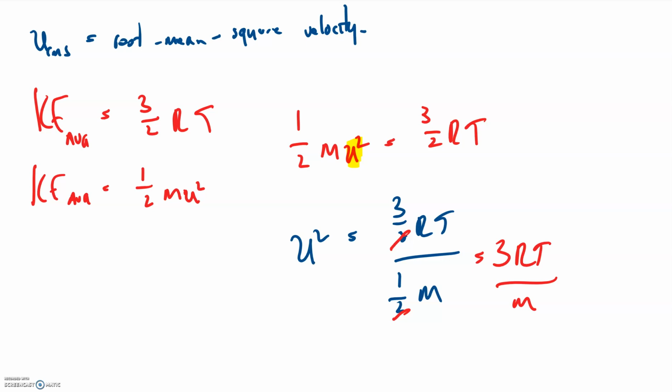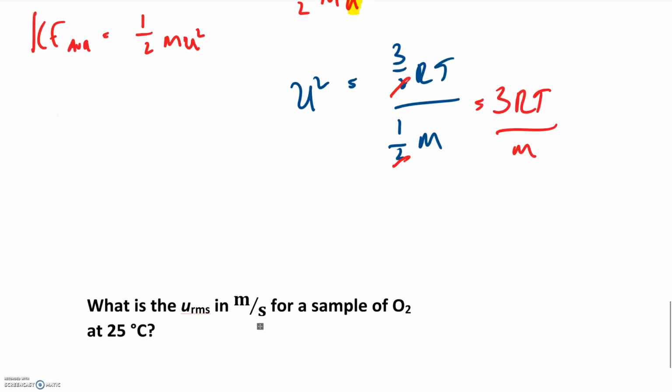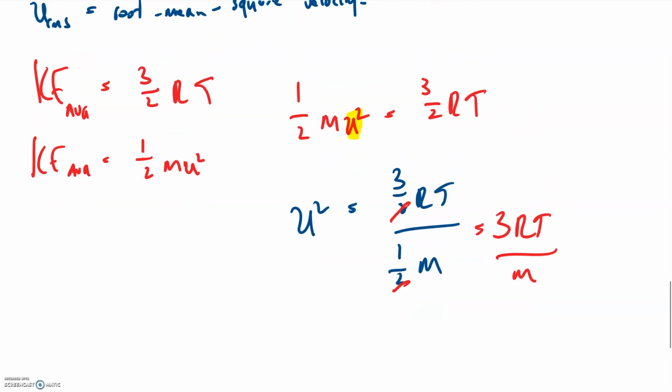And since we're trying to find not the square of the velocity, but the velocity itself, we'll get rid of the square by square rooting everything, and so now we have velocity equals the square root of 3 RT over m.